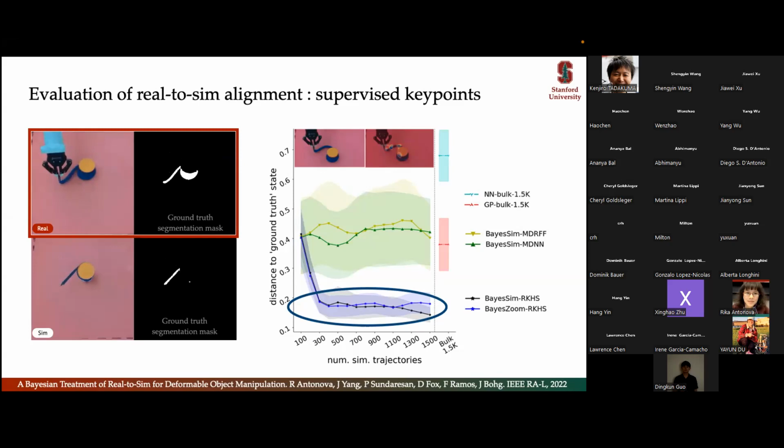Also compared to methods which I call bulk methods, which instead of iteratively estimating the posterior, they're just getting a bunch of data, training some simple model, for example, like an MLP, or fitting a Gaussian process with Gaussian process regression, and then outputting the estimate for the posterior for the simulation parameters.